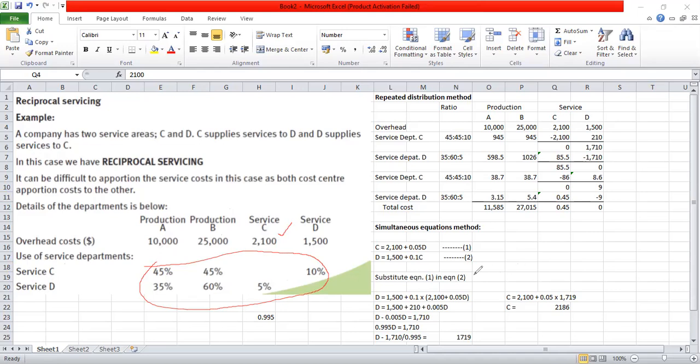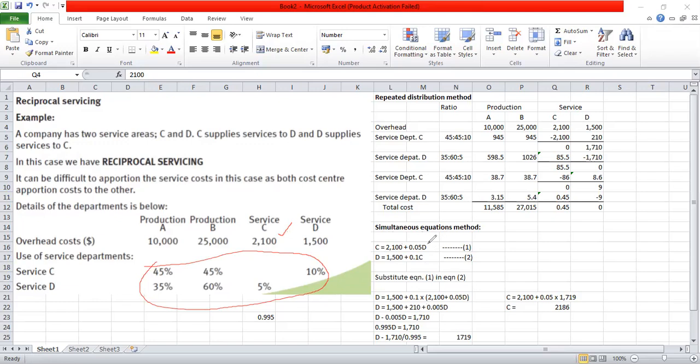So what we do is we have to frame the equations. Framing the equation is the important aspect here. So C has spent 2100 plus it is going to receive 5% from D. So C = 2100 + 0.05D, that is equation 1. D on the other hand is 1500 + 0.1C, that is equation number 2.